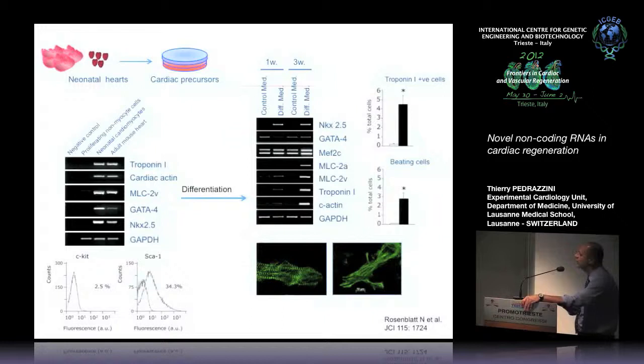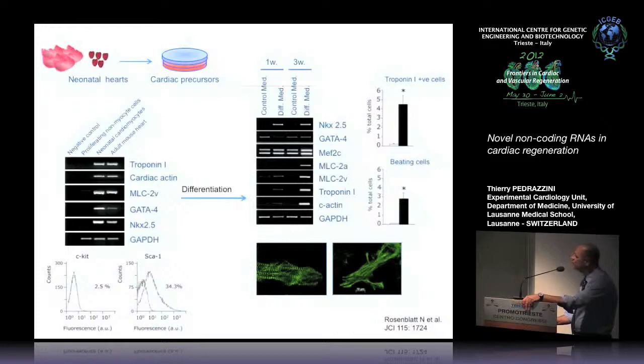Now, postnatal cardiac stem cells or progenitors, you can isolate these cells, for instance, from the neonatal heart, and use them to differentiate into cardiomyocytes in vitro. This is a very simple experiment. You can switch into a differentiation medium. At the beginning, you don't have much, but at the end, you have fully differentiated cells that even beat.